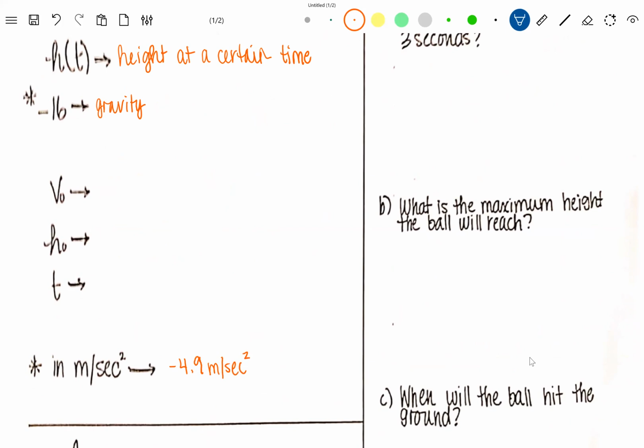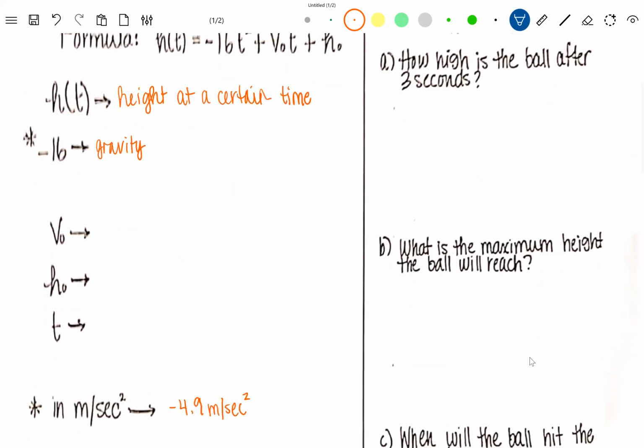Okay, v of 0 is the initial upward velocity. So if you're shooting an arrow out of a bow, it's whatever strength or power is behind that shot.